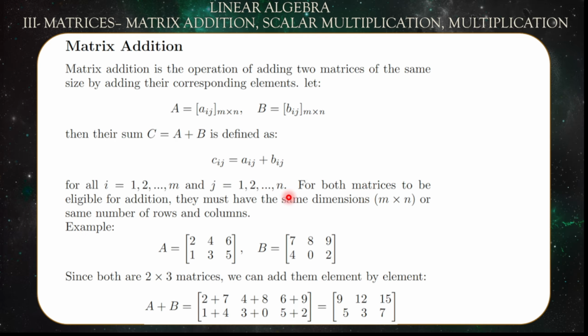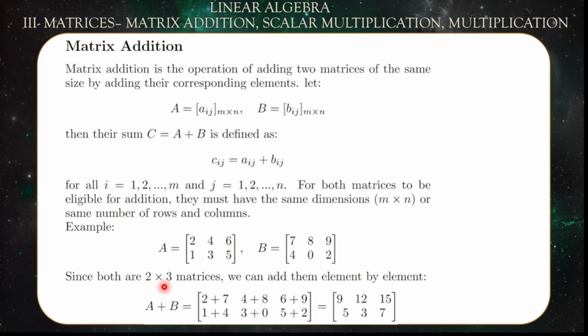For both matrices to be eligible for addition, they must have the same dimensions: the same number of rows and the same number of columns. Example, A equals 2, 4, 6, 1, 3, 5, B equals 7, 8, 9, 4, 0, 2. You notice that both of these matrices have 2 rows and 3 columns.